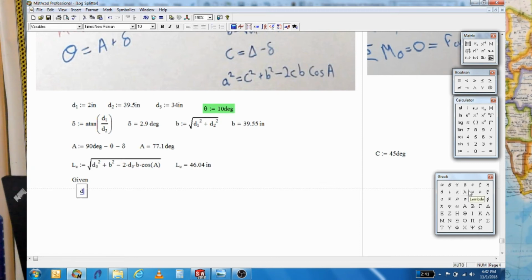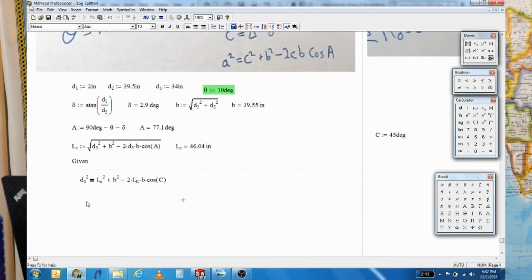I'm going to use d3 squared because that's the one opposite of C. And using my Boolean equals again for a solve block. That is going to equal LC squared plus b squared minus 2 times LC times b times the cosine of C. Alright, and let's just hope this works.